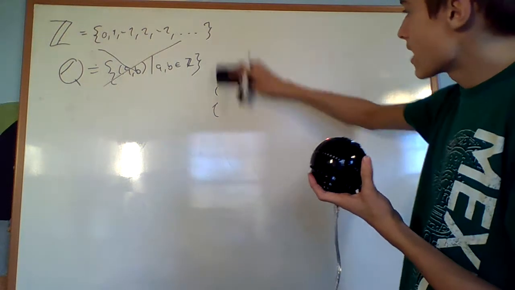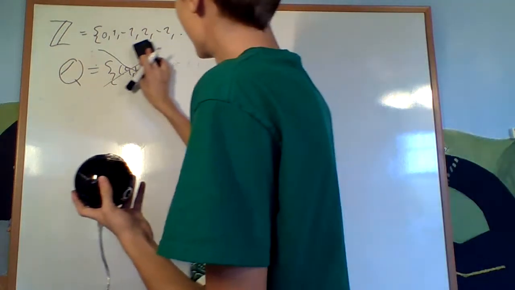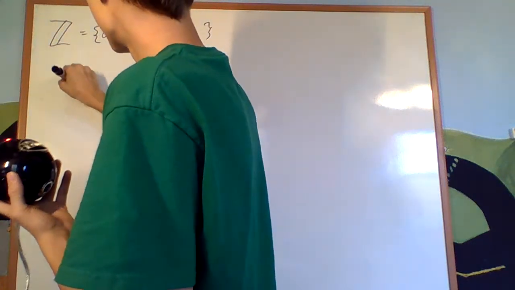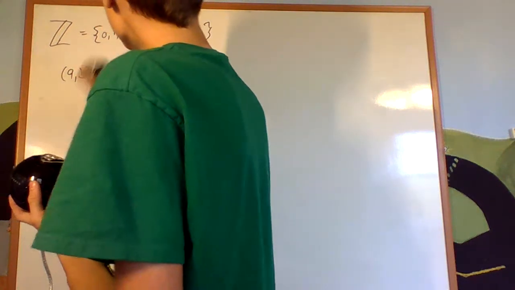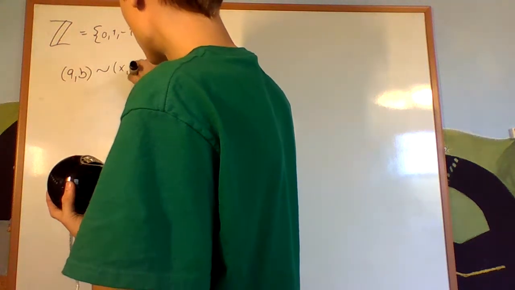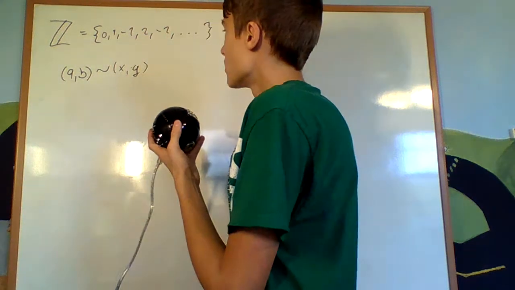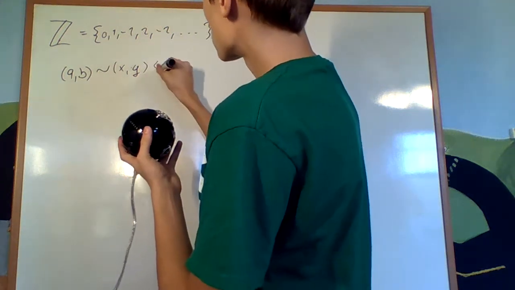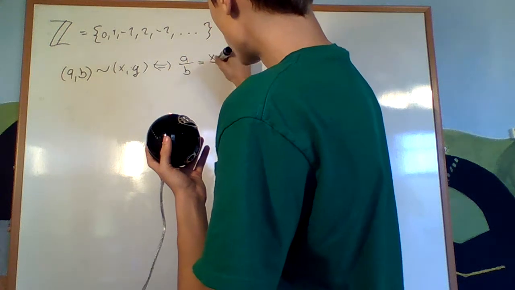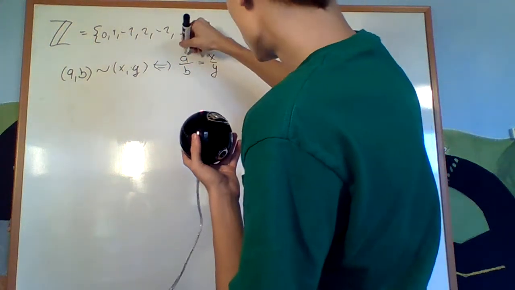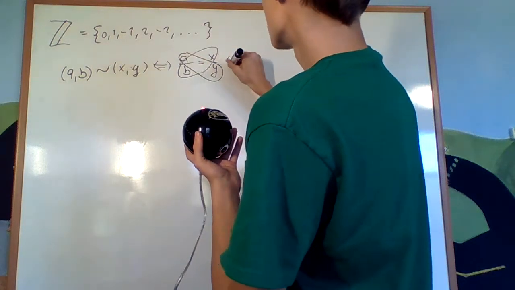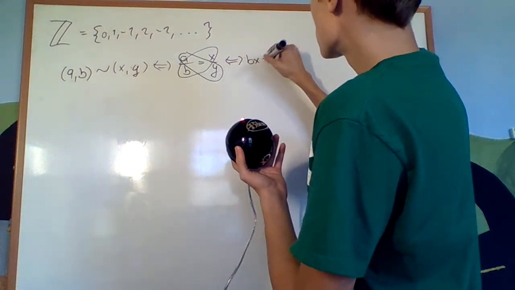So the importance of that is that we can now define what it means for the pair (A, B) to be equivalent to the pair (X, Y). If I transfer it into the rational world, it's going to be A over B equals X over Y. Cross multiply it, so A times Y, B times X, so BX equals AY.